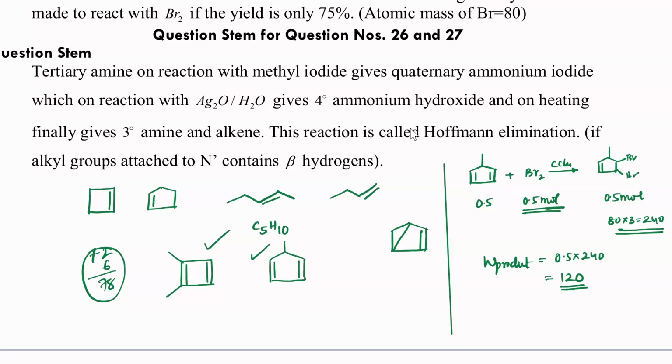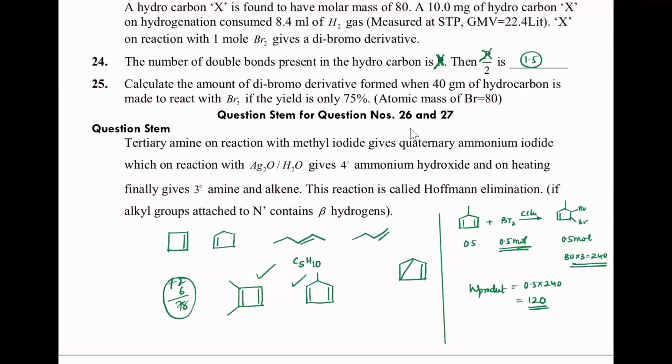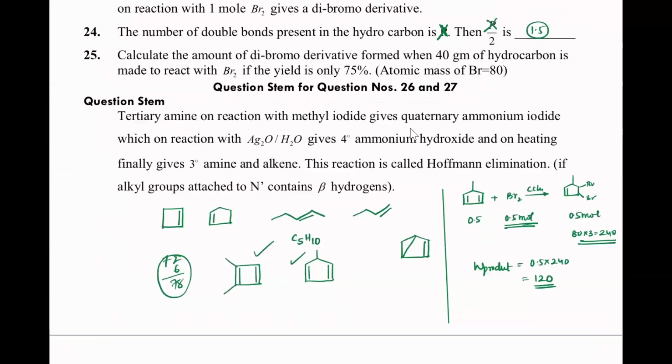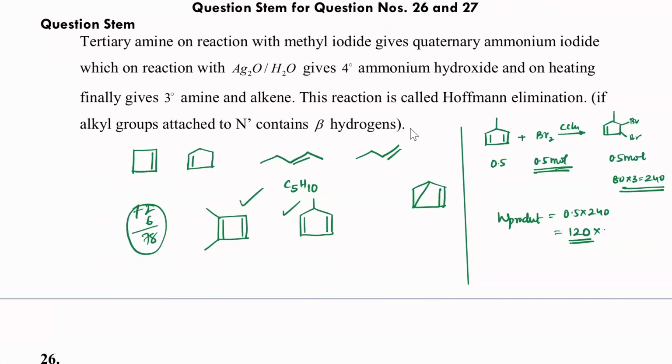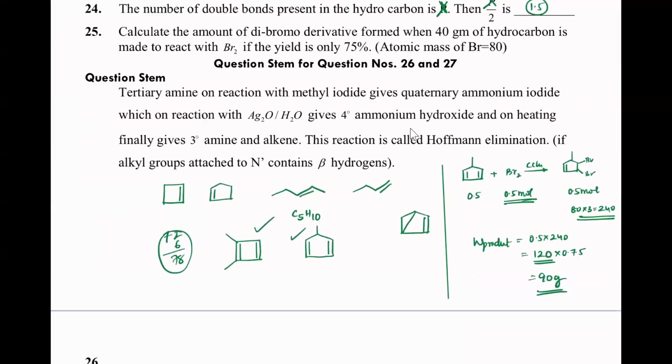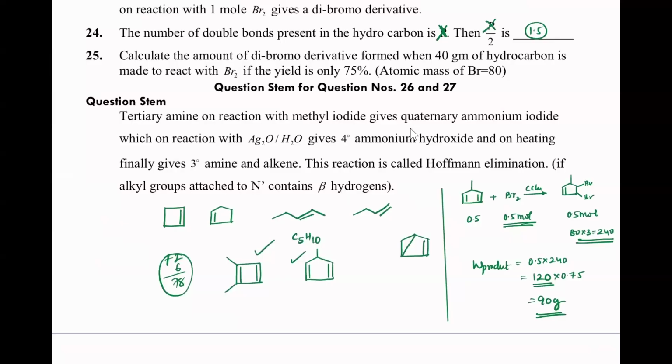Okay. That would be the case. Clear? Everybody, please check if you have doubt. Yeah, sorry. Another thing is I need to take only 75 percent, which I forgot to multiply. So that makes it 90 grams because the yield is only 75 percent. Okay. So please relate with this question, everybody. If you have any doubt, you can ask me.